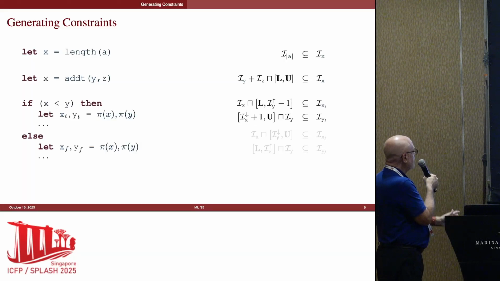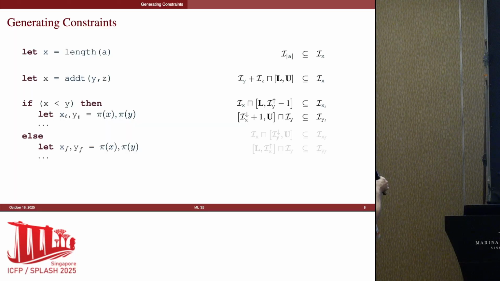And then conditionals are the most interesting case. So we have a conditional, say like x less than y, and we rename the variables x and y in the two branches, and we only need to rename the variables that are actually tested, because we've learned nothing else about any of the other variables.